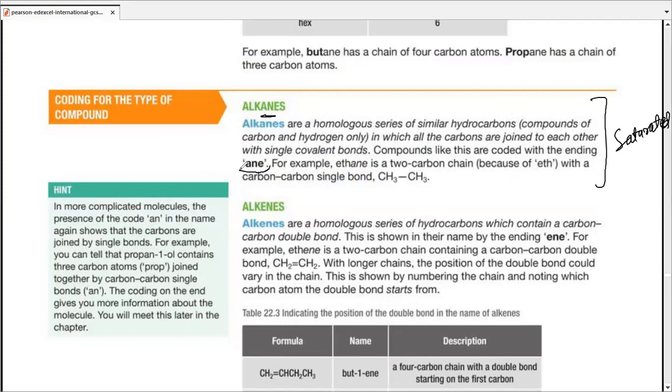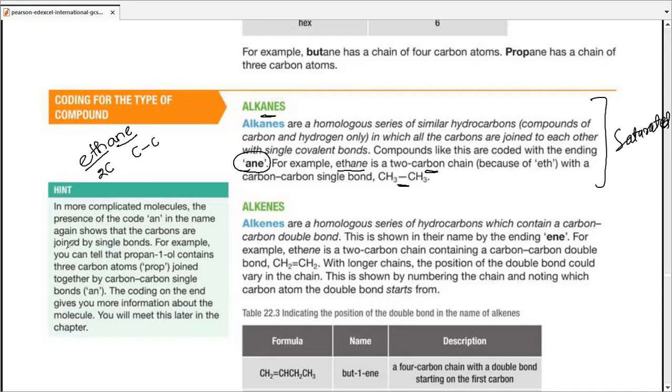And the suffix that we use is ane, A-N-E. For example, if there is a 2-carbon chain and they're singly bonded, we'll use the word ethane. This name makes perfect sense, since eth tells us that there are 2 carbon atoms, and ane tells us that those carbon atoms are singly bonded.